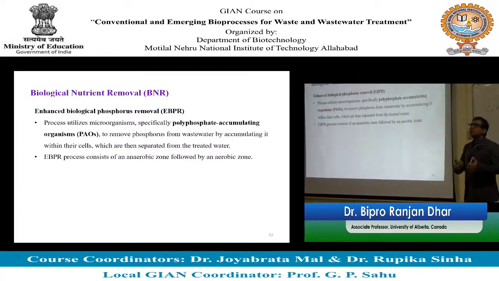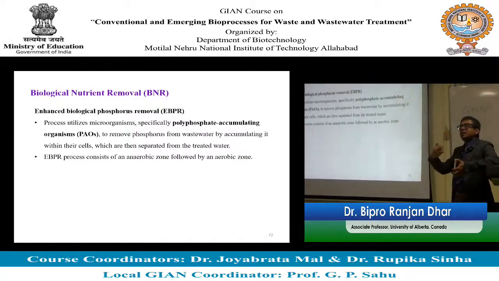Those microbes can accumulate phosphorus inside their cell, more than they actually need. Typically you don't see any phosphorus in this equation, but some microbes can accumulate it inside their cell, and then you remove it from the process as sludge. So when you remove the sludge, you are ultimately removing the phosphorus from the process.